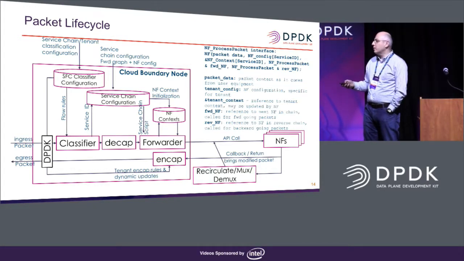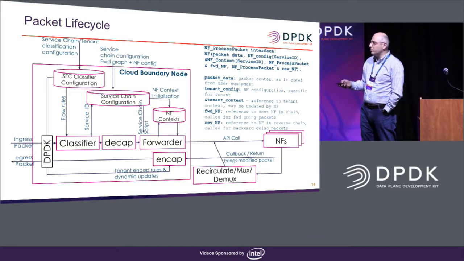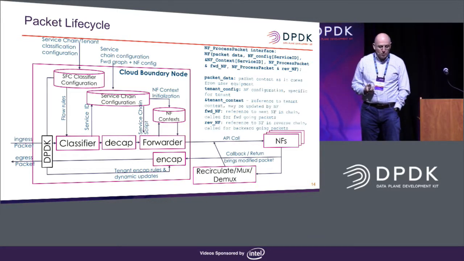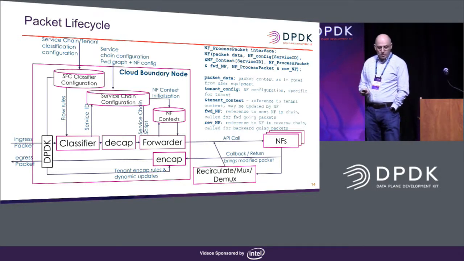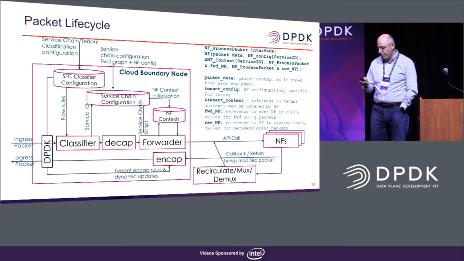And there is a custom context which defines what additional metadata you need for efficient processing of this packet somewhere else. So practically it does classifying, it does decapsulation, and then forwarding to the specific network function which does the job. Then you come back, encapsulate, and send it to the network.